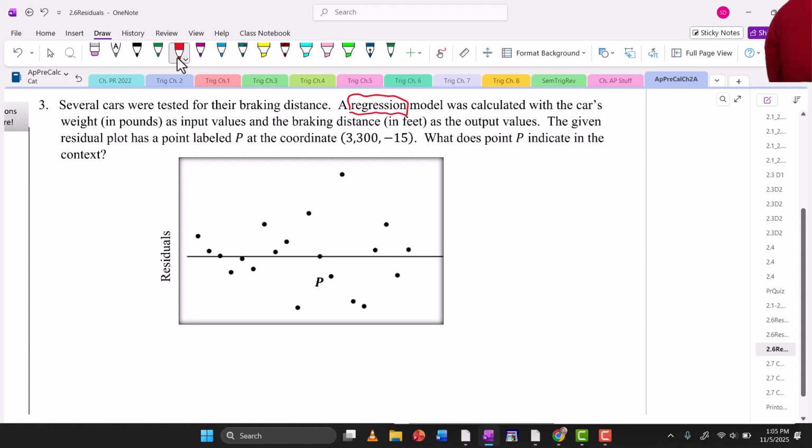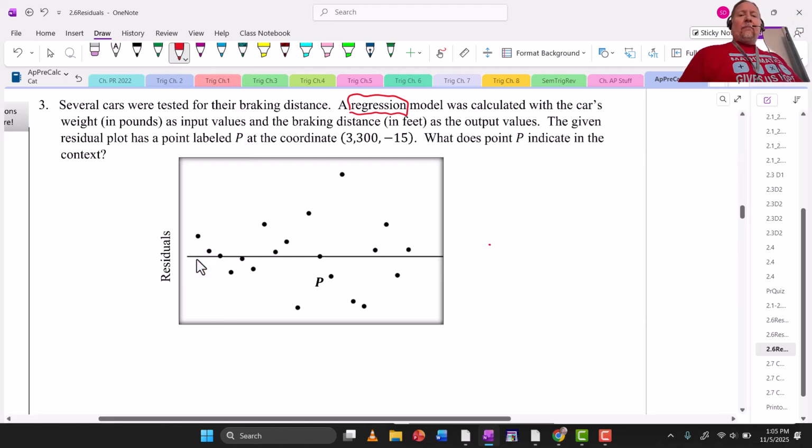Given the residual plot has a point P at this coordinate, what does point P indicate in context? Mark it up one more time. Remember, this is the model. That's the prediction model.